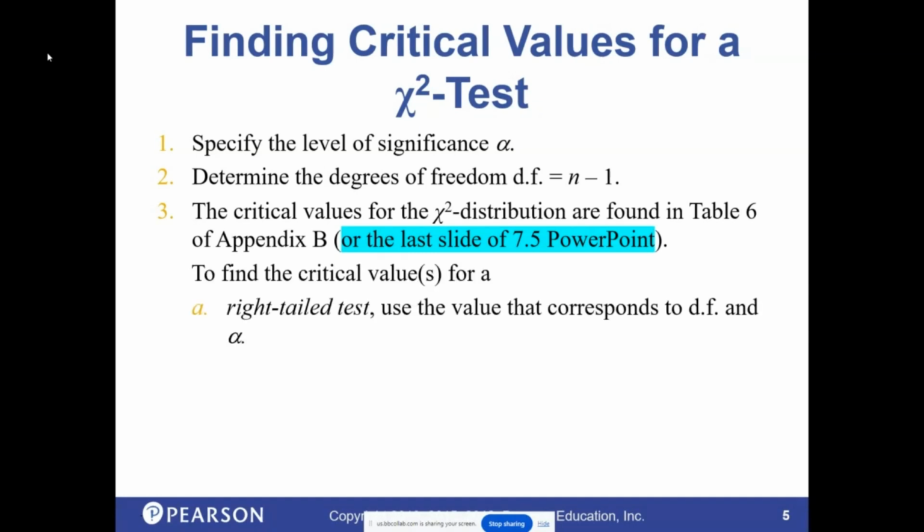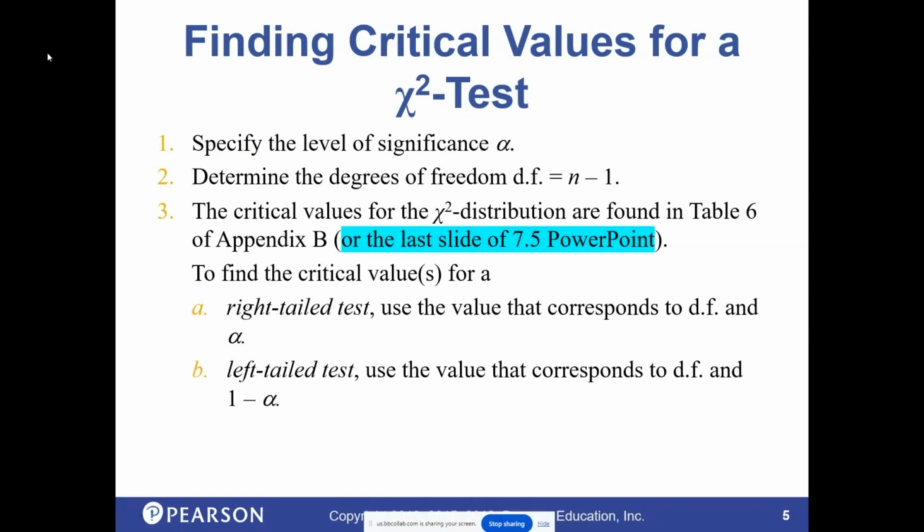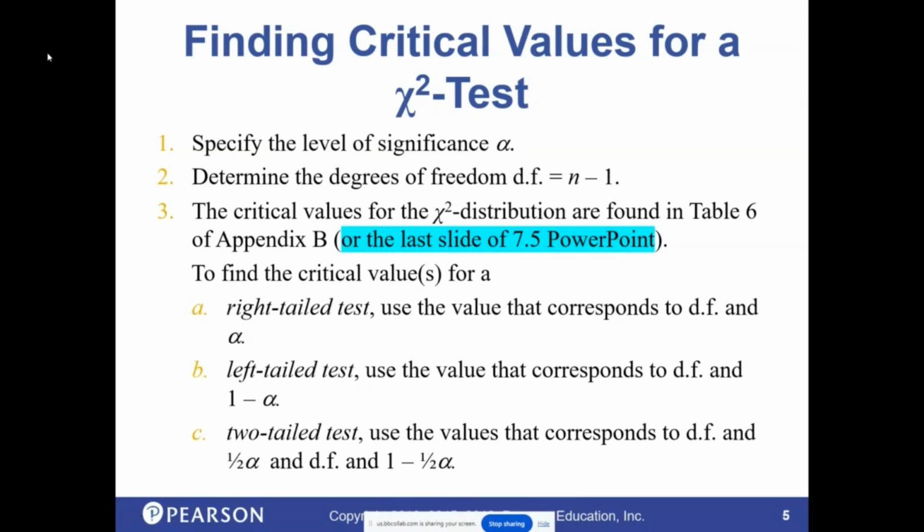Okay. And then to find the critical values for a right-tailed test, we're going to use the value that corresponds to DF and alpha. The critical values for a left-tailed test, we'll use the value that corresponds to DF and then 1 minus alpha. And a two-tailed test, we'll use the value that corresponds to DF and 1/2 alpha, and then DF and 1 minus 1/2 alpha.